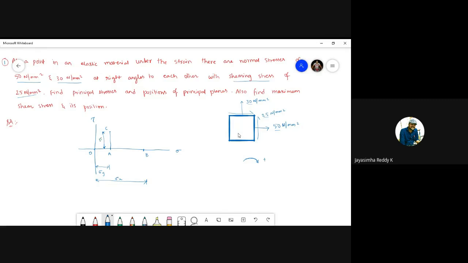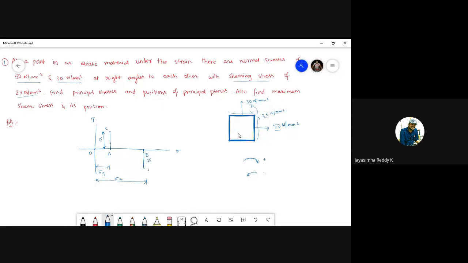Similarly at B also you have to mark the 25, and in which direction, based on the sign convention. See here, if you observe this shear stress here, this is making anti-clockwise movement. This shear stress will tend the object to move in this direction, so that is why I'll take it as negative. Negative is downwards, so downwards 25, and this is 25.